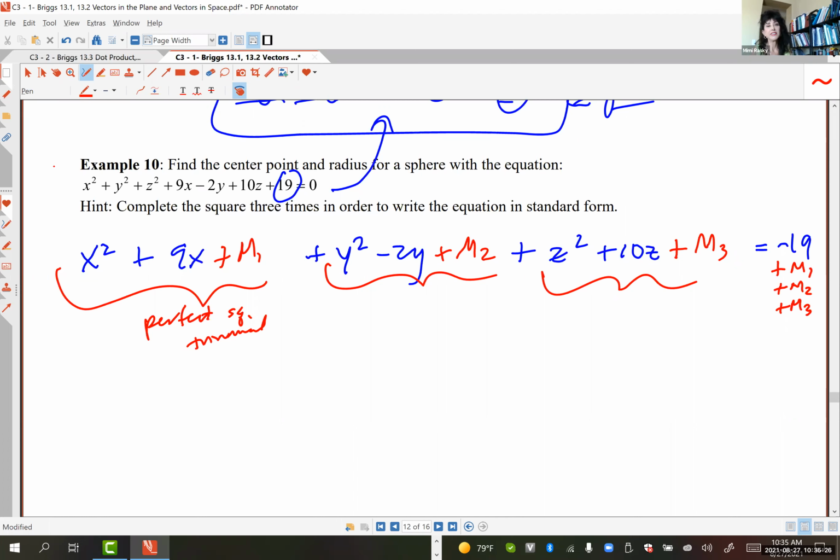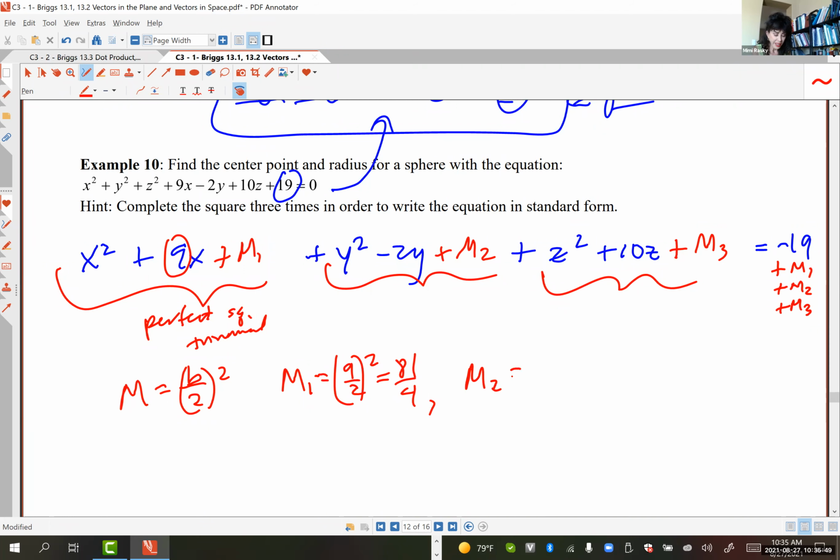So how do you get these magical mystery numbers? Well, if you remember from your complete the square days, it's always going to be the middle coefficient, b, divided by 2, the quantity squared. So for us, M1 is going to be 9 over 2 squared, which is 81/4. I know, not pretty. M2 is going to be -2 over 2 squared, but that's just -1 squared, which is 1.